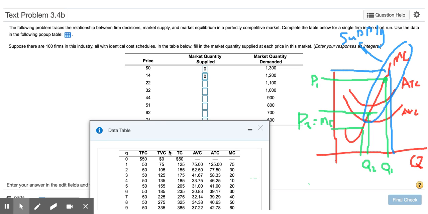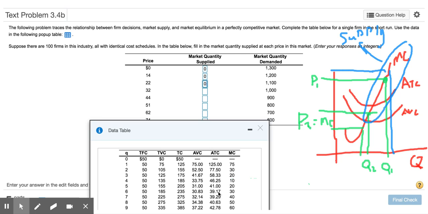We have to compare the price with the average total cost. Now, with this price, 22, again, 22 is above marginal cost and below average variable cost. So it's below the shutdown price. How about 32? 32 is above 30 in here.